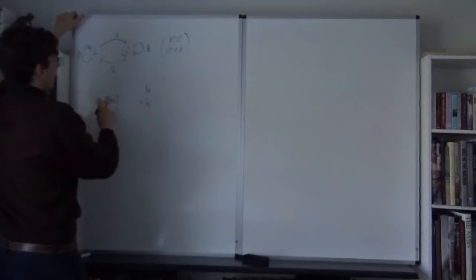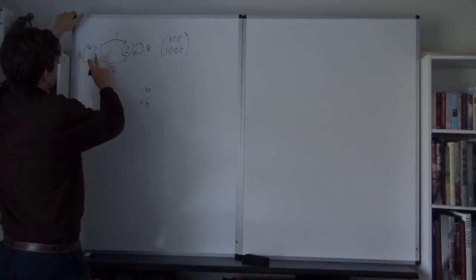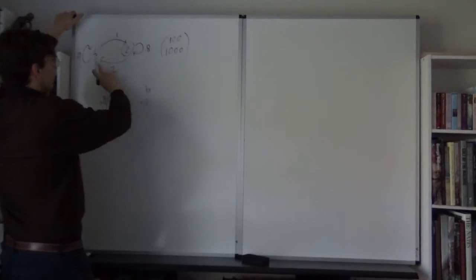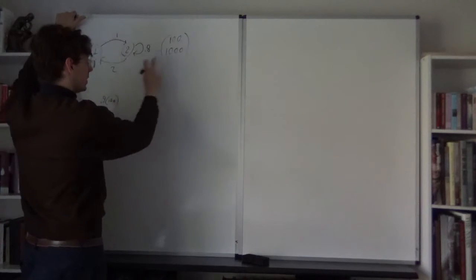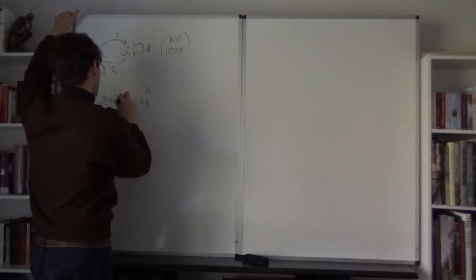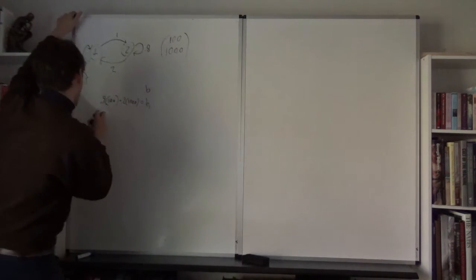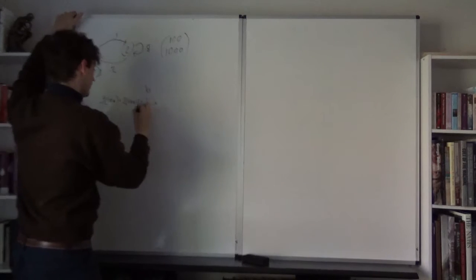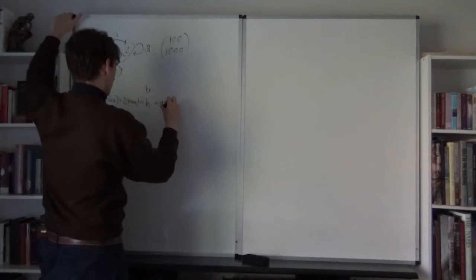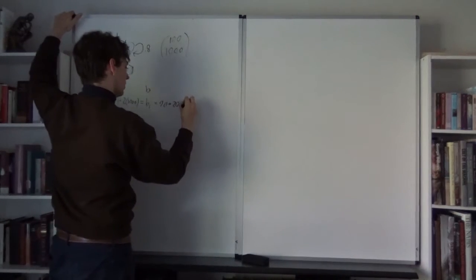And I'm also not just going to get 90% of the current customers here, but I'm going to get 20% of the other guys, of business 2. So I'm going to get 20% of 1,000. Great. That's what it'll be for next year. That looks like 90 plus 200, so 290.